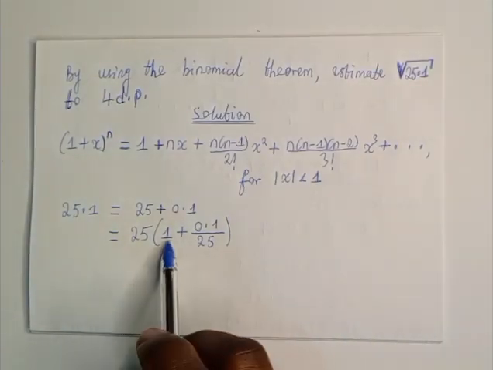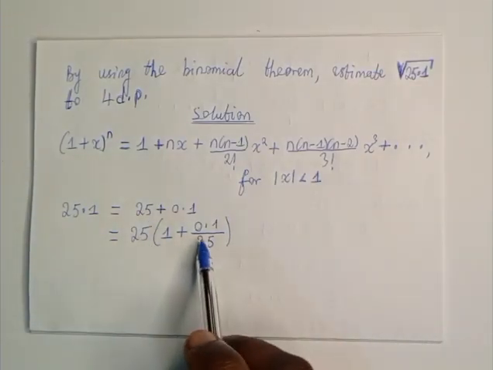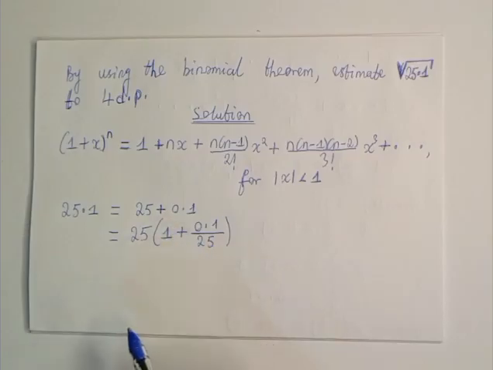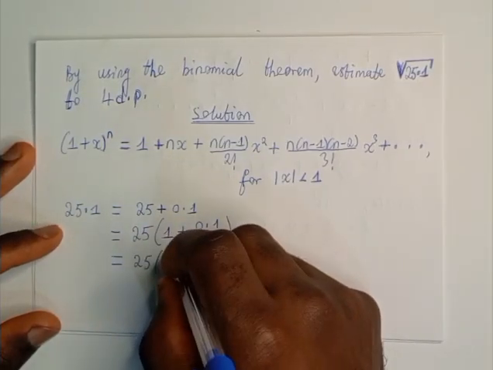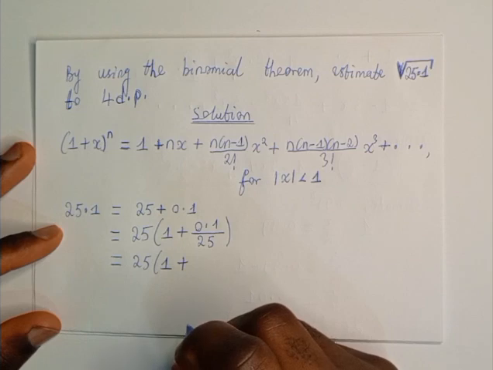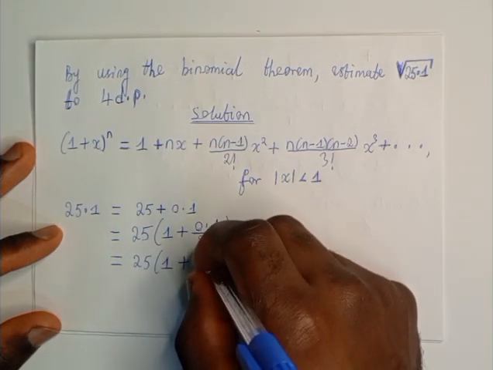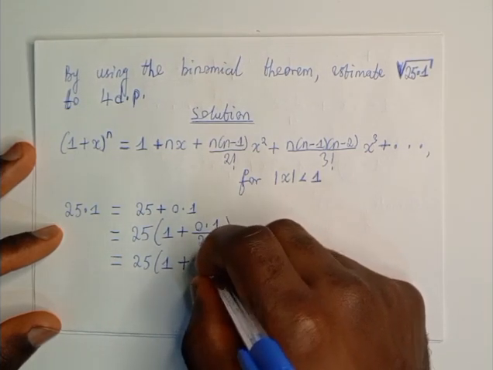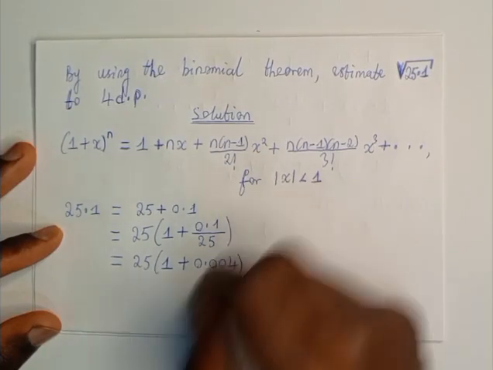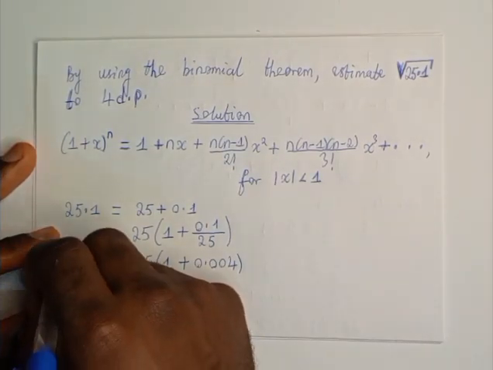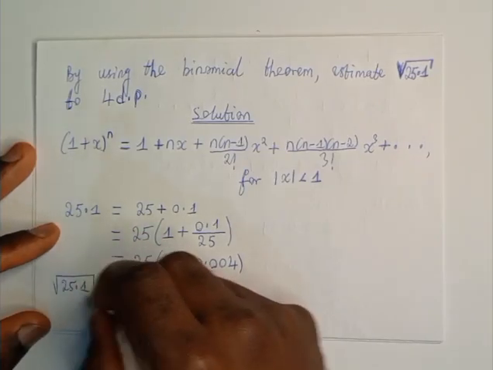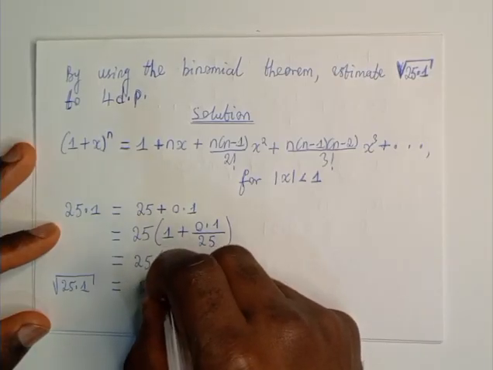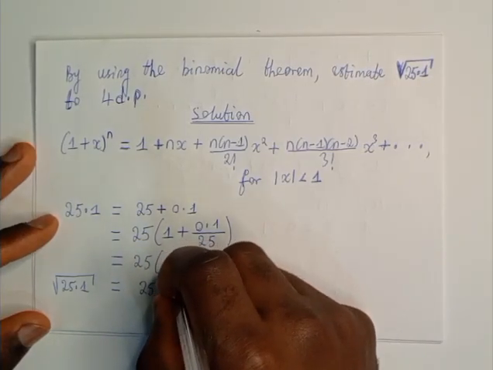If you take 25 times 1, it goes back to 25. 25 times 0.1 over 25 goes back to 0.1. This will simply be equal to 25 times 1 plus 0.1 divided by 25, which gives us 0.004. The square root of 25.1 is simply the same as 25.1 raised to the power a half.